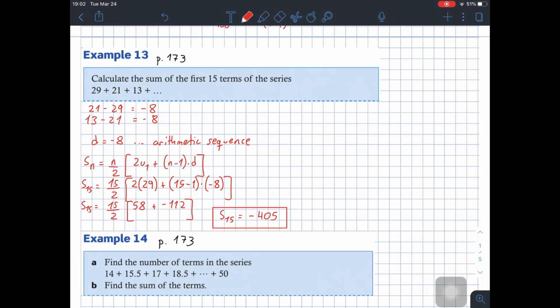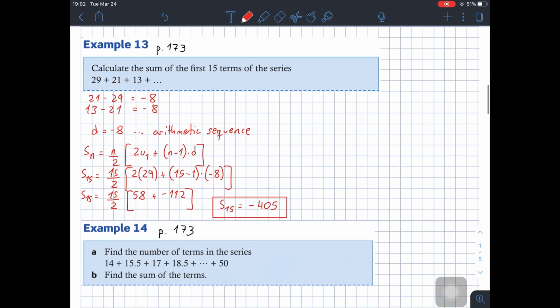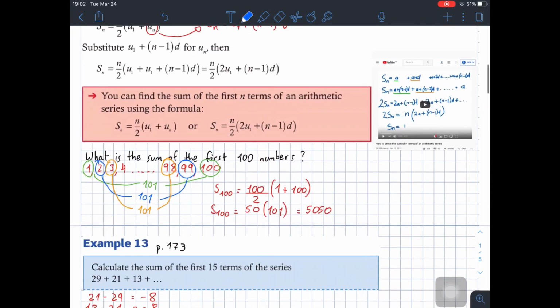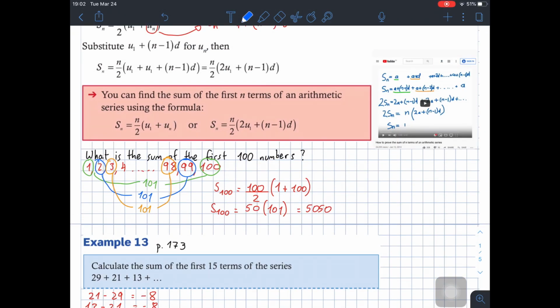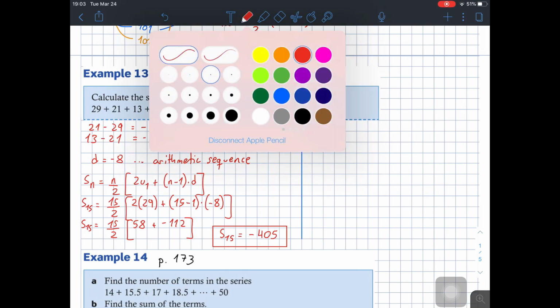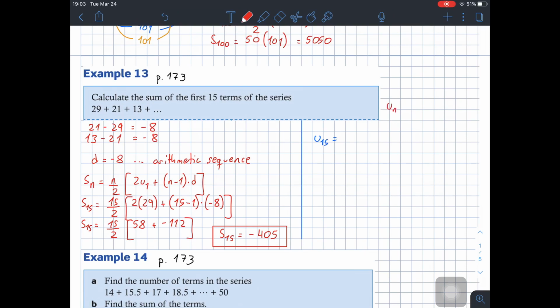Okay, so the other way of doing it, I'm going to do it in a different color, is if we first calculate un, which is u15, right? So let's do it here. If we calculate first u15 by using the other formula, remember the other formula is un equals u1 plus n minus 1 times d.